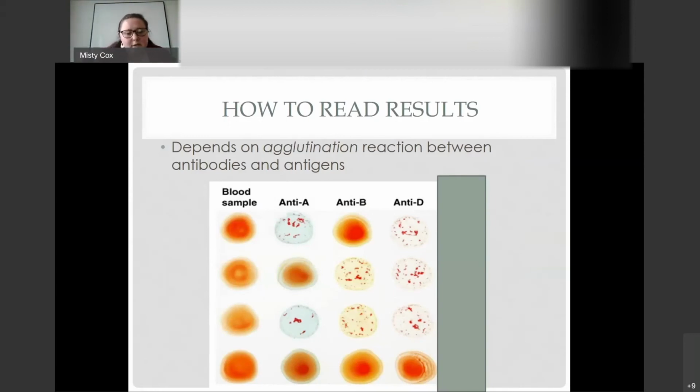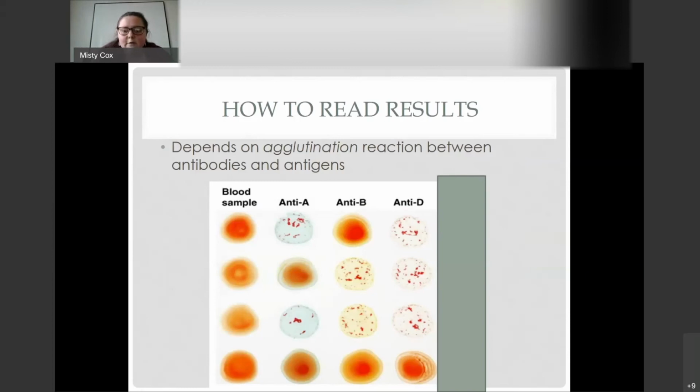So if you see clumping in the anti-A circle, that means the A antigen is present, because that antibody found its antigen, they clump together. If there's clumping in anti-B, that means the B antigen is present, because that antibody found its antigen and they clump together. If there is clumping in anti-D, that means it's positive, because the anti-D antibody found its D antigen, which is only present on positive blood.